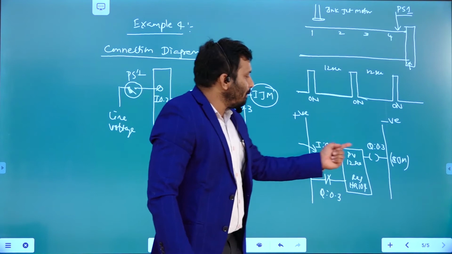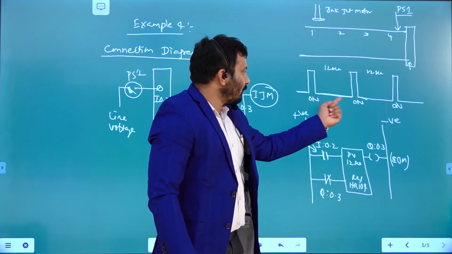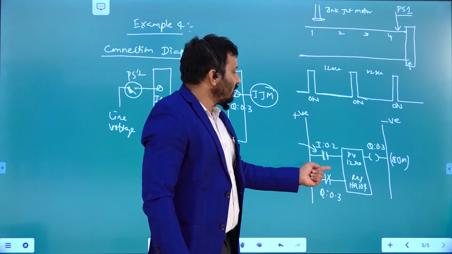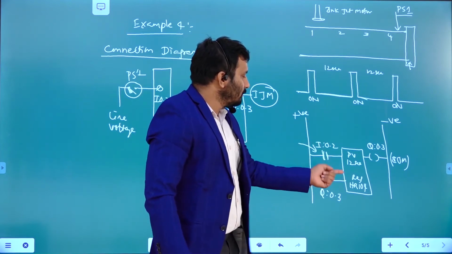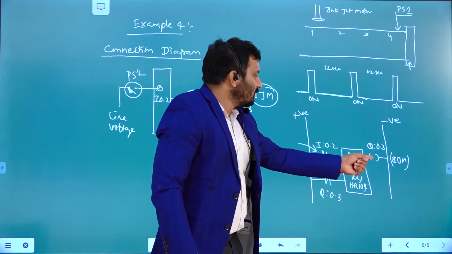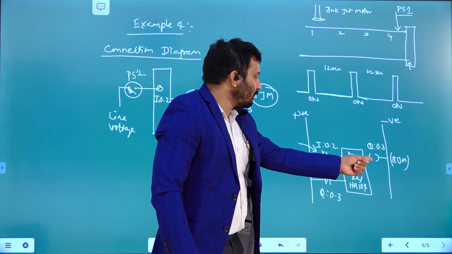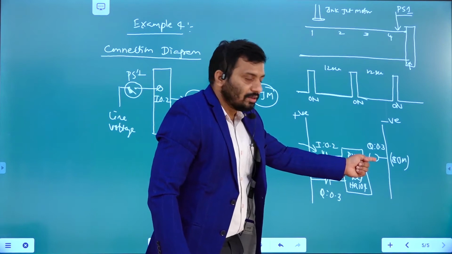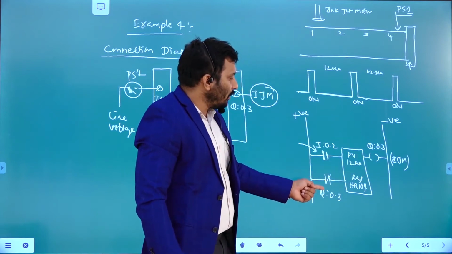Like that, it keeps on being 0 only. Whenever it's 0, this is also going to be 0 only. Whenever once again it is 0, this is going to be reset.